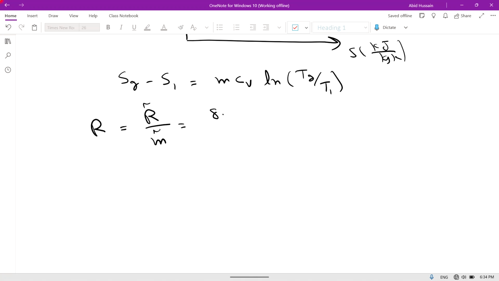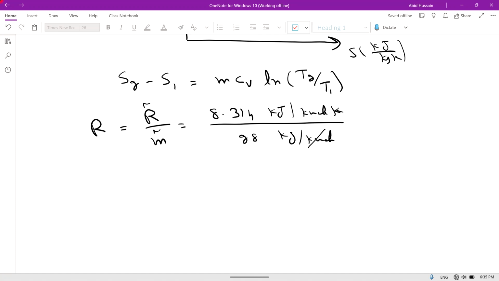The value of the molar gas constant is 8.314 kilojoule per kilomole per Kelvin, and molar mass is given as 28 kilogram per kilomole.